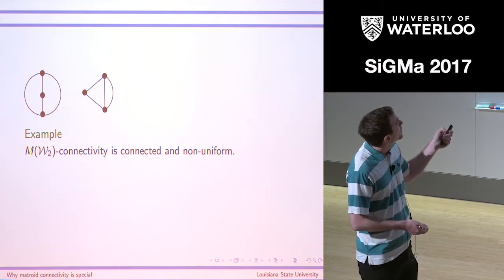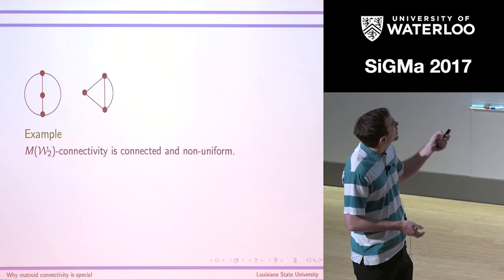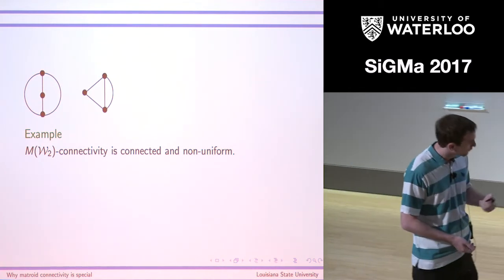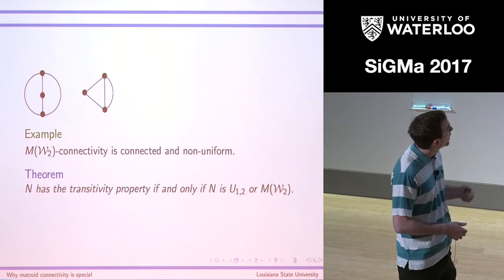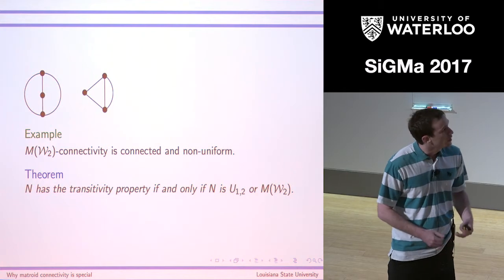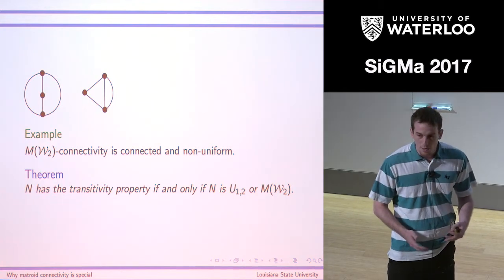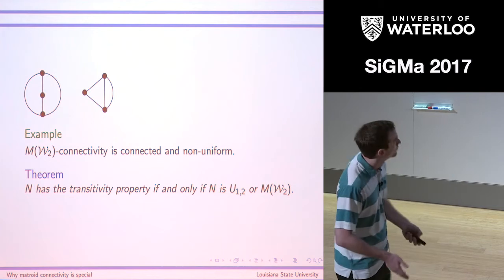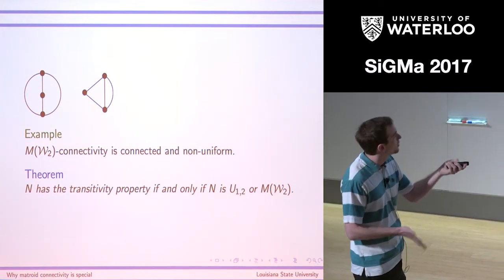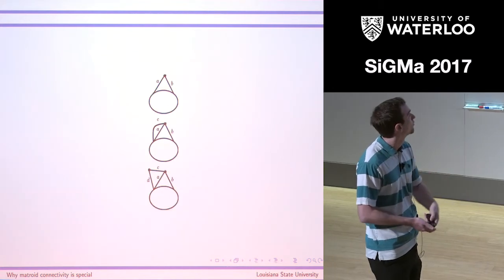We can always get two elements in a matroid like this, as long as it's non-uniform. So it turns out that we're going to have the transitivity property if and only if our matroid is U12 or MW2. You can talk about connected components and connected and non-uniform components.